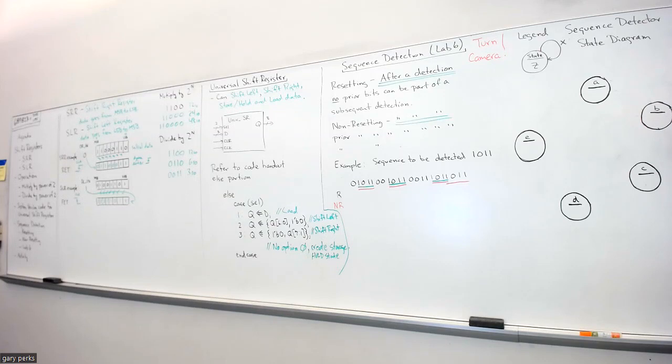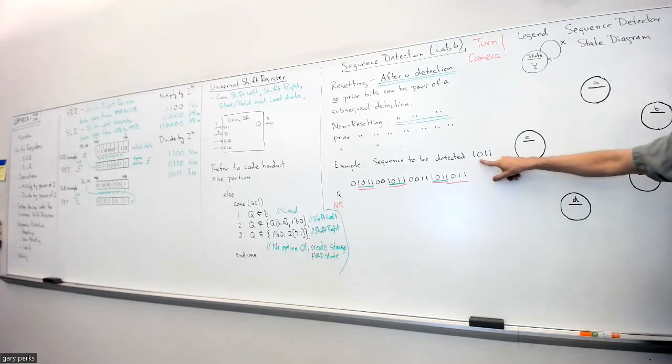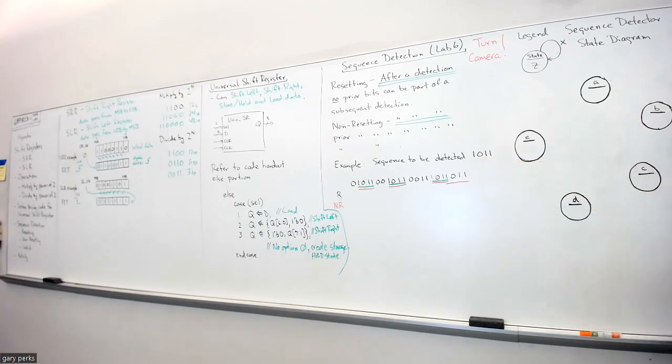No, the first thing you do is a state diagram. So, for lab 6, before you even think about opening up Vivado, you have to have your state diagram for the sequence detector. So I'm going to show you how to do a state diagram for a sequence detector with this example, where we're going to look for this sequence, 1011.